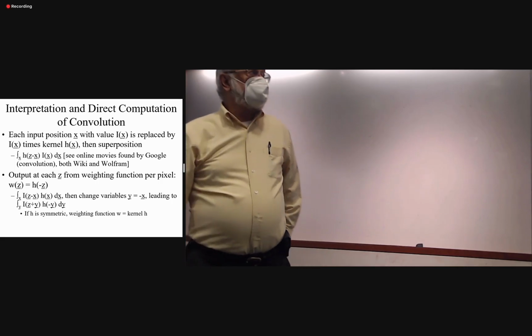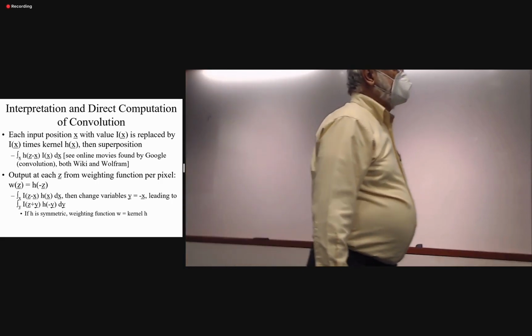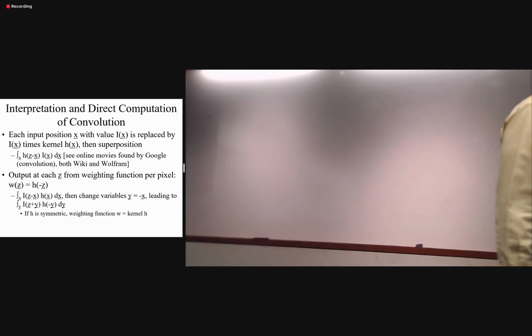There was one topic I wanted to talk about with regard to convolution. That is to say, the implementation of shift invariant linear operators. And it can be interpreted input by input or output by output.